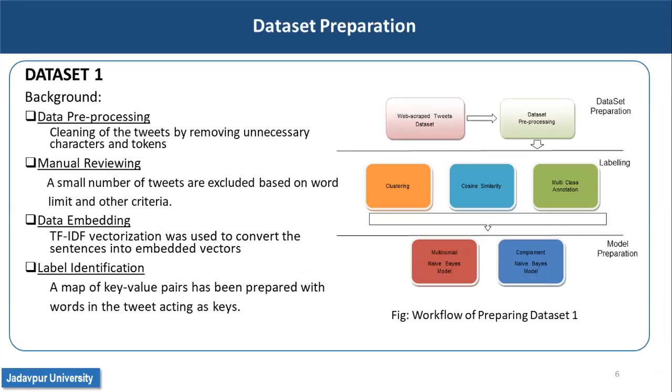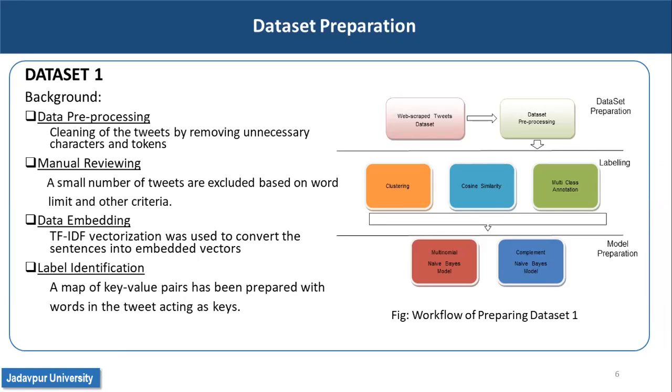Now the first data set. The following is the workflow. In the first step, data pre-processing is done. The Twitter data is taken, and the pre-processing includes cleaning of the tweets and removing URLs, hashtags, unnecessary tokens and special characters.